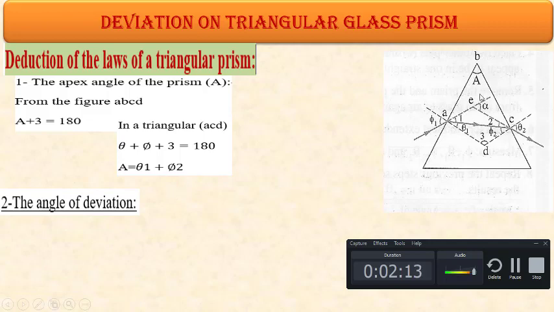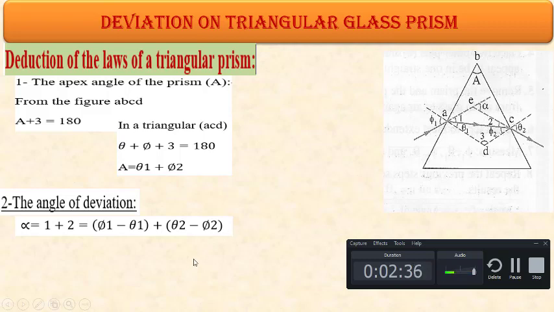What is the angle of deviation? Alpha. From this figure, alpha equals the sum of angle 1 plus angle 2. But angle 1 is equal to phi 1 minus theta 1, as it is the opposite angle. And this angle is opposite to this, so angle 2 equals theta 2 minus phi 2.